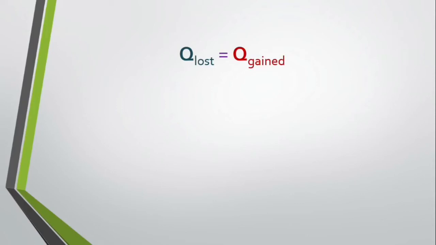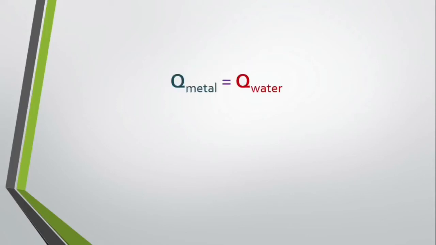So Q lost equals Q gained. And really, in calorimetry, we're dropping some piece of metal or some substance like a metal into water. So the heat lost by the water is being gained by the metal, or vice versa, depending on which one is warmer. So because these things are changing temperature, the Q equation we're going to be using is Q equals mc delta T.